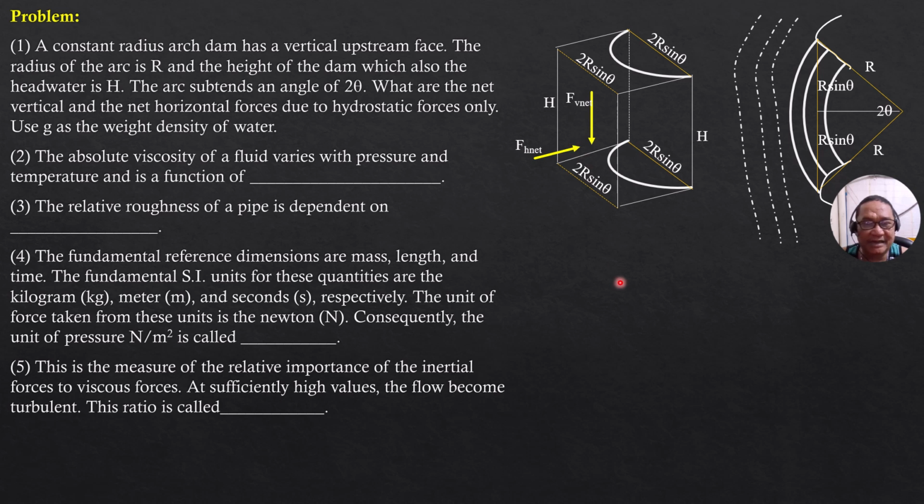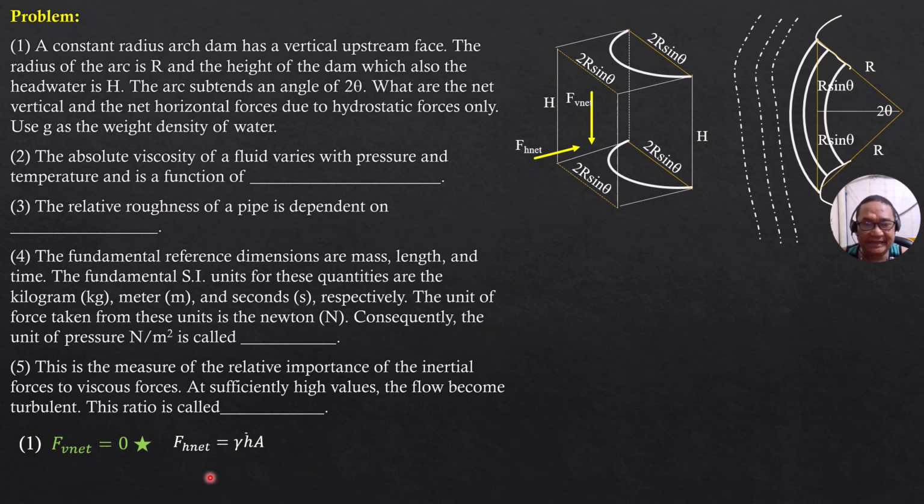So for our answer, FV net is 0, and FH net is specific weight of water, gamma, h bar, which is the distance from the water surface to the centroid of the projected area, which is big H over 2, and the area is the area of this rectangle, 2R sine theta times big H.